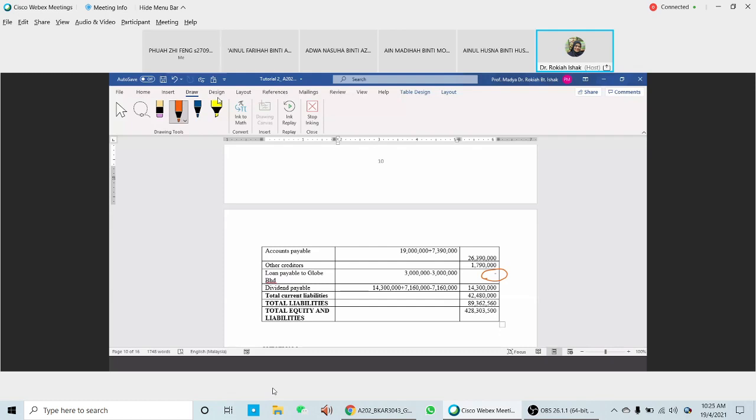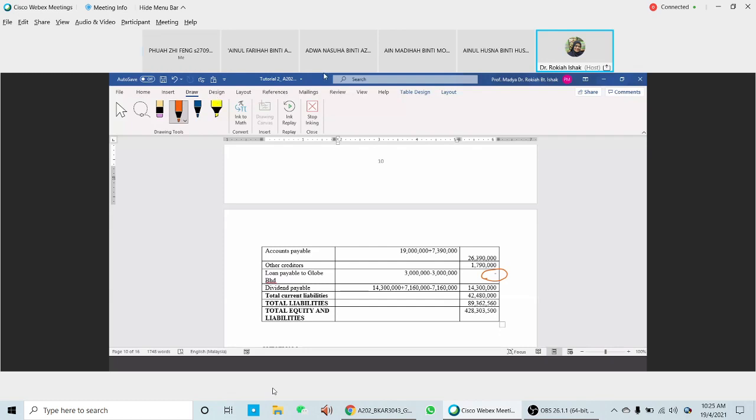Most of the time it says prepare the relevant consolidated journal entries, so we're going to eliminate that one. Like the one that you have for the loans payable, isn't it? Last time, was the loans payable mentioned? Loan payable to Globe? No, isn't it? But we still need to prepare the elimination consolidated journal entry for that one, isn't it? So the same for that one.